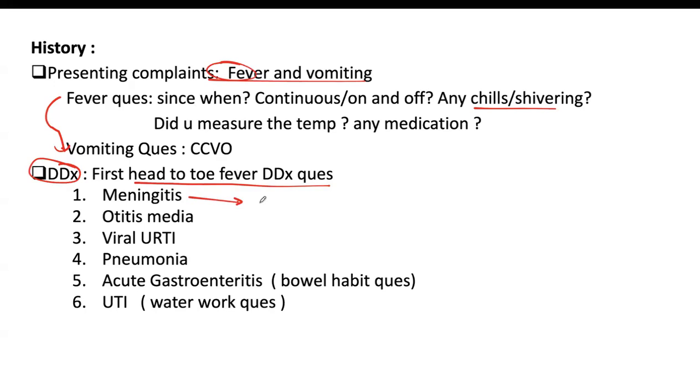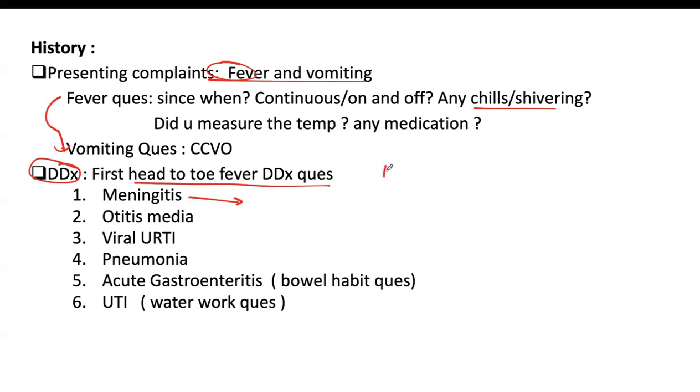Does he complain that light hurts his eyes? Any neck pain or neck stiffness? For less than 2-year-olds, neck pain or stiffness is not an important thing to ask. But after that, you would ask these questions: any rash, any headache, any neck pain or stiffness? Does the light hurt his eyes, which is photophobia? All of these can be found in meningitis children.